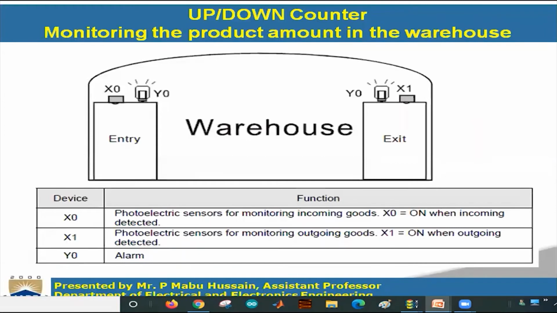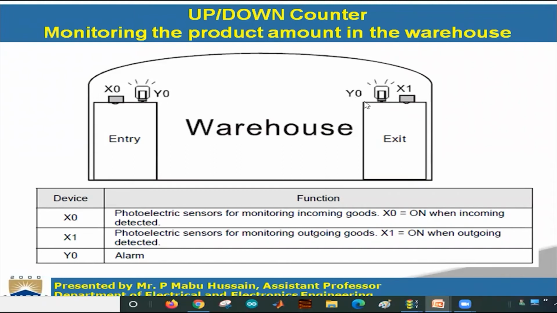For the up-down counter, I am taking one example: monitoring the product amount in a warehouse. The warehouse has a certain number of products, and it has one entry door and one exit door. The products come into the warehouse through the entry and leave through the exit. At the entrance you place one photoelectric sensor, and at the exit also one photoelectric sensor.